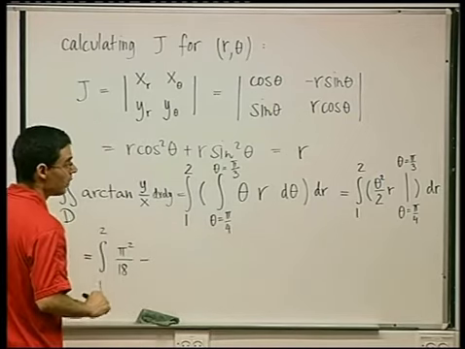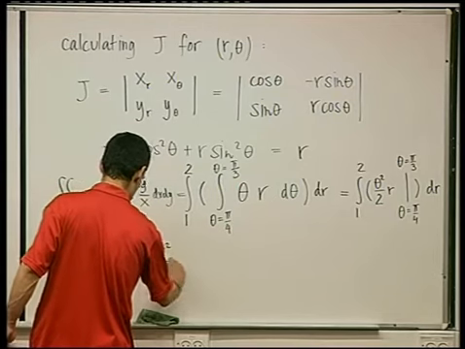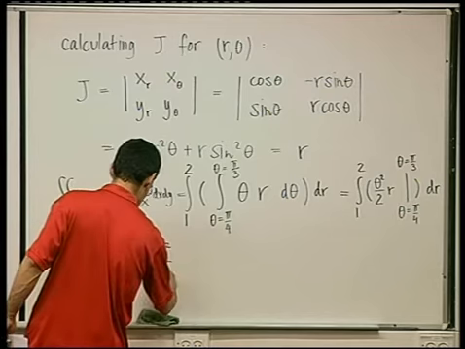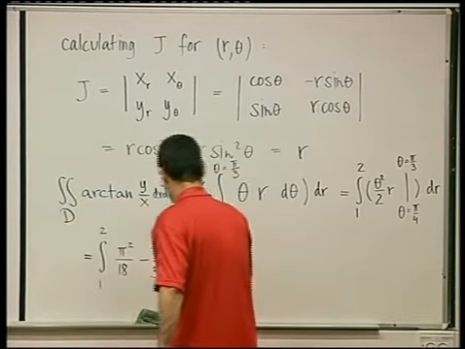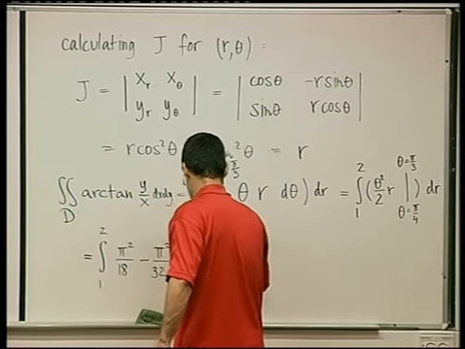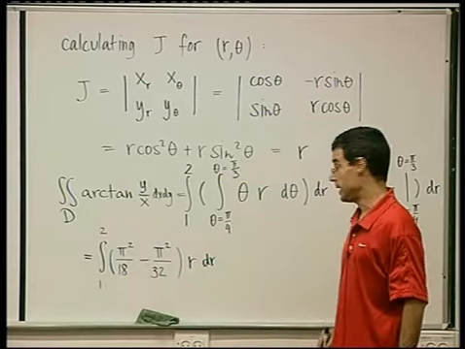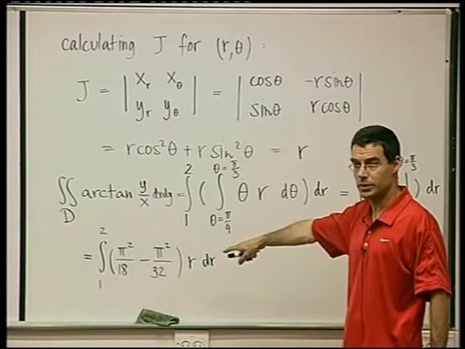Minus, when we plug in pi over 4, we get pi squared over 16 over 2, so it's minus pi squared over 32. And all of this times r dr.